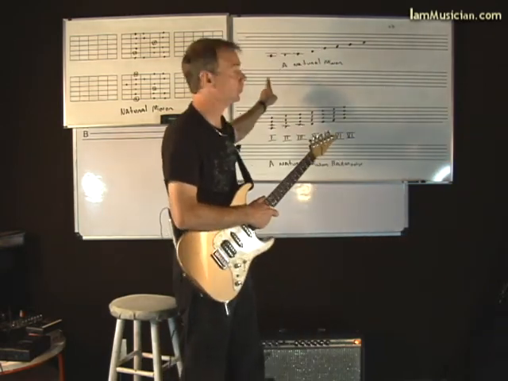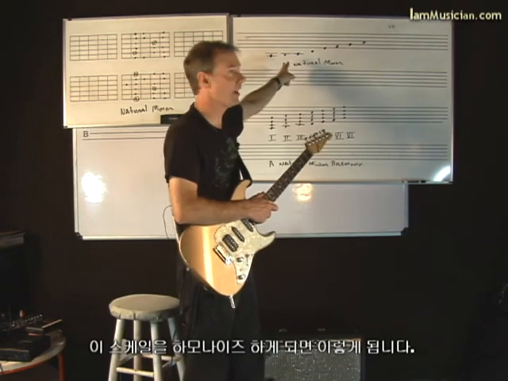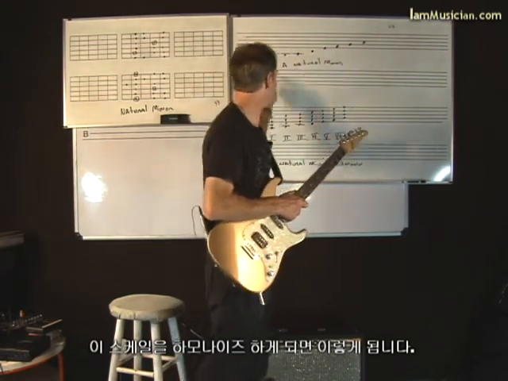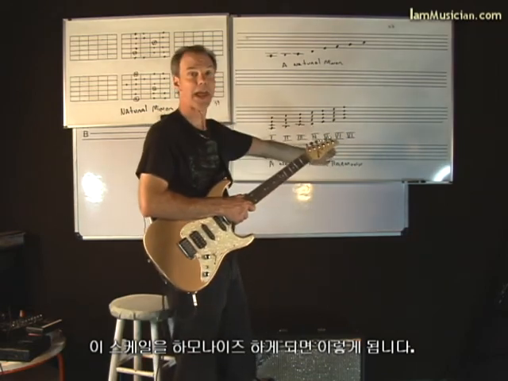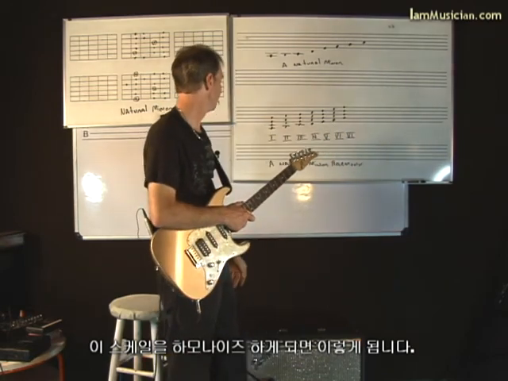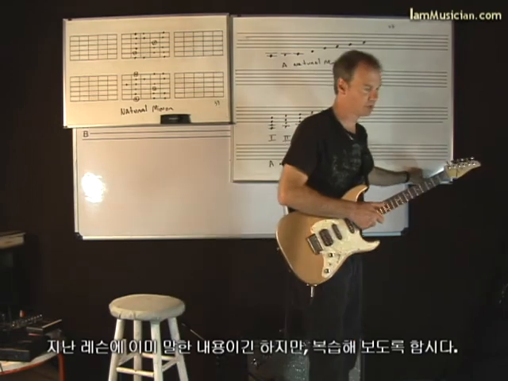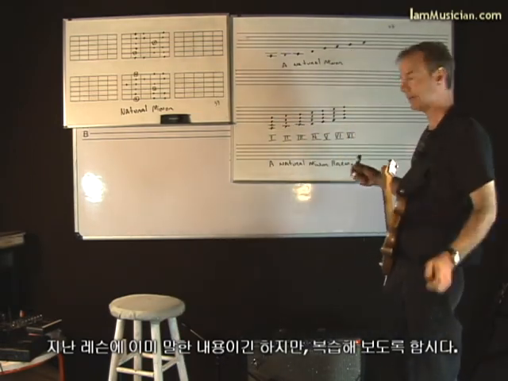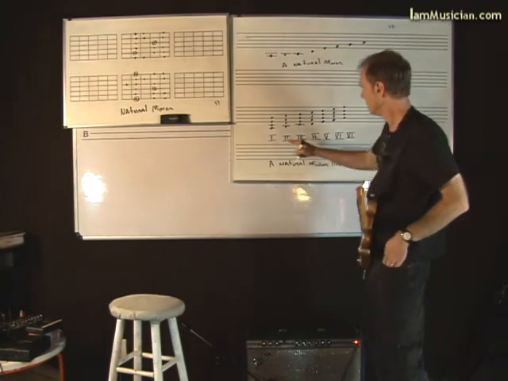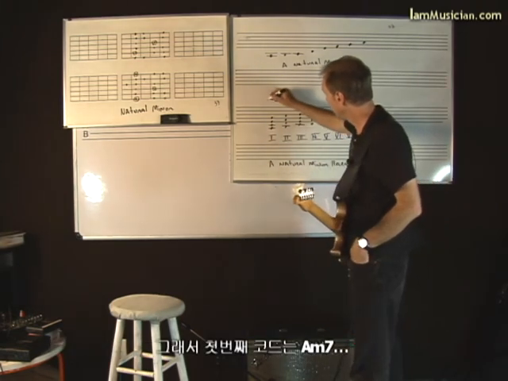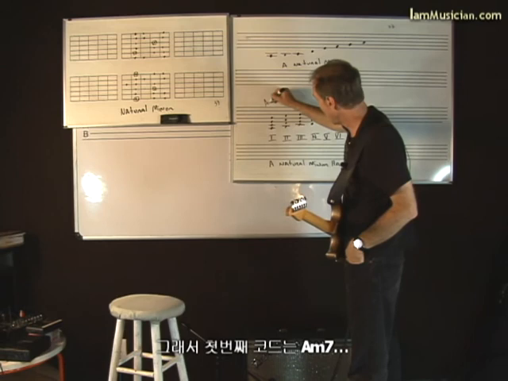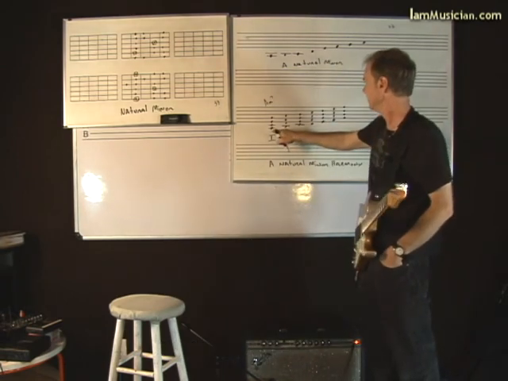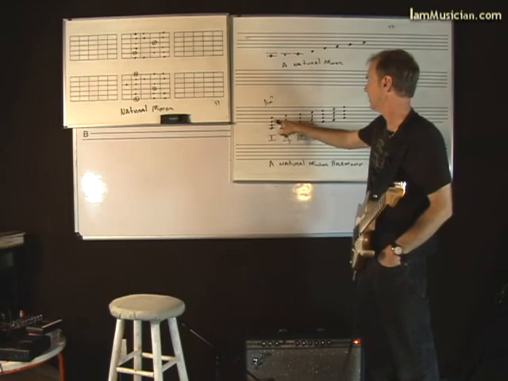And what you end up with when you harmonize the scale, in other words, if you take every other note and stack them on top of each other, you come up with the harmony of the scale. Let's review that just to make sure. We've talked about this in other lessons, but let's review it here so we can remember. The first chord of the A natural minor scale becomes an A minor 7 chord, because of the minor third and the flat 7.